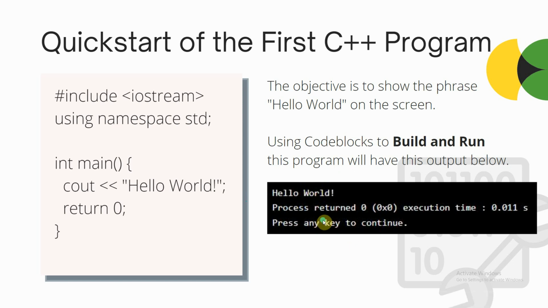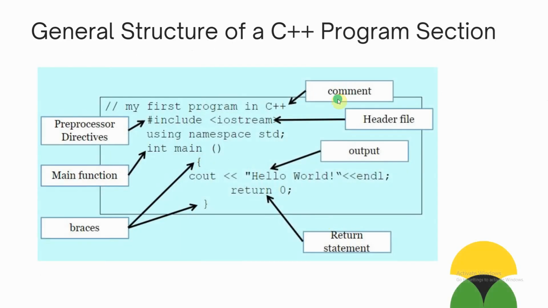And then recall the structure again for the program: the comment section, then the preprocessor directives, the header file, and the main function here, and also the output.